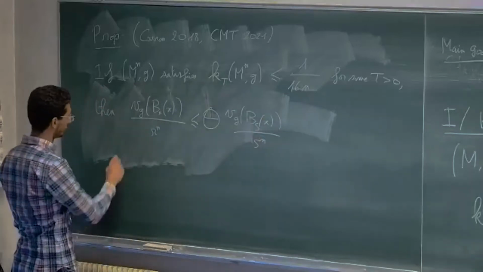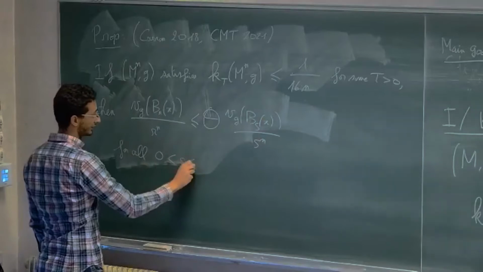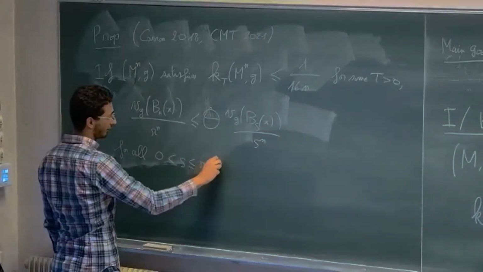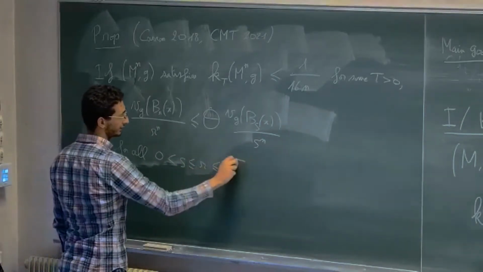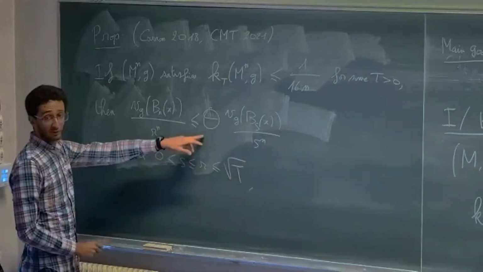You have this for all s lower than r lower than the square root of T, and here theta depends only on n.